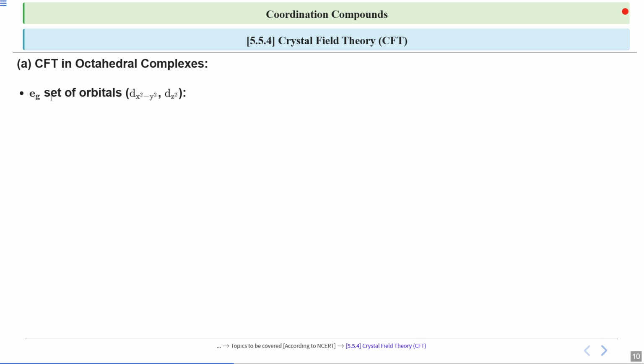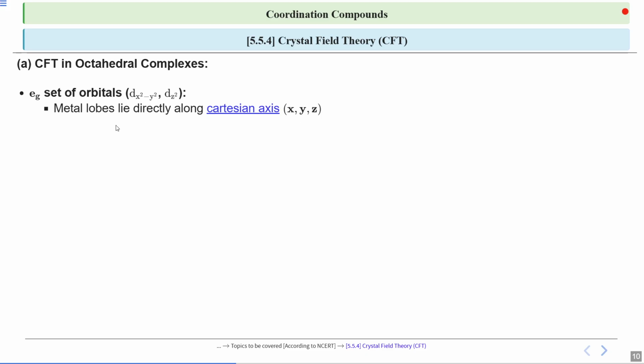So let's talk about the eg set of orbitals first, because they are higher in energy and also face higher repulsion. The eg set of orbitals includes the d orbitals dx square minus y square and dz square. Their lobes lie directly along the Cartesian axes x, y and z.